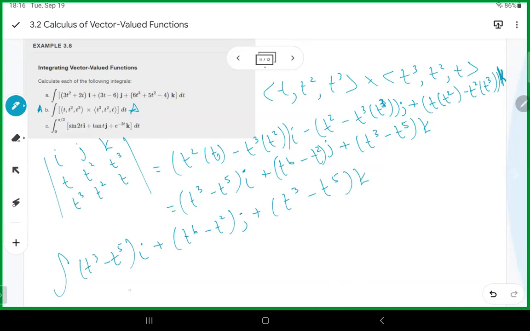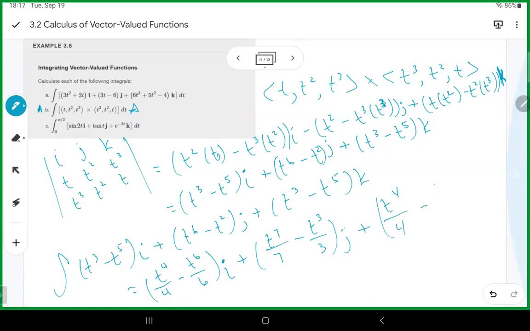So that will give us an overall answer of t to the 4th over 4 minus t to the 6th over 6 i plus t to the 7th over 7 minus t cubed over 3 j plus t to the 4th over 4 minus t to the 6th over 6 k plus C. I'm writing way too fast for my own good here.